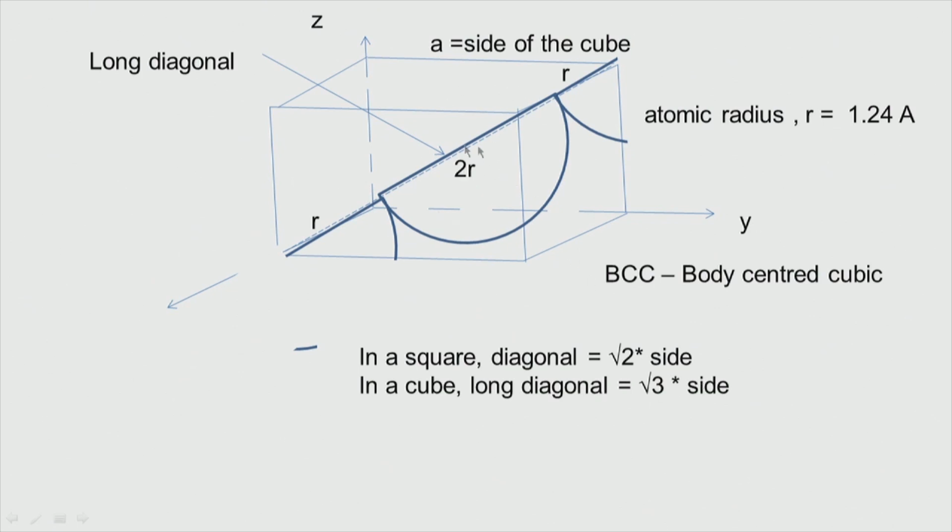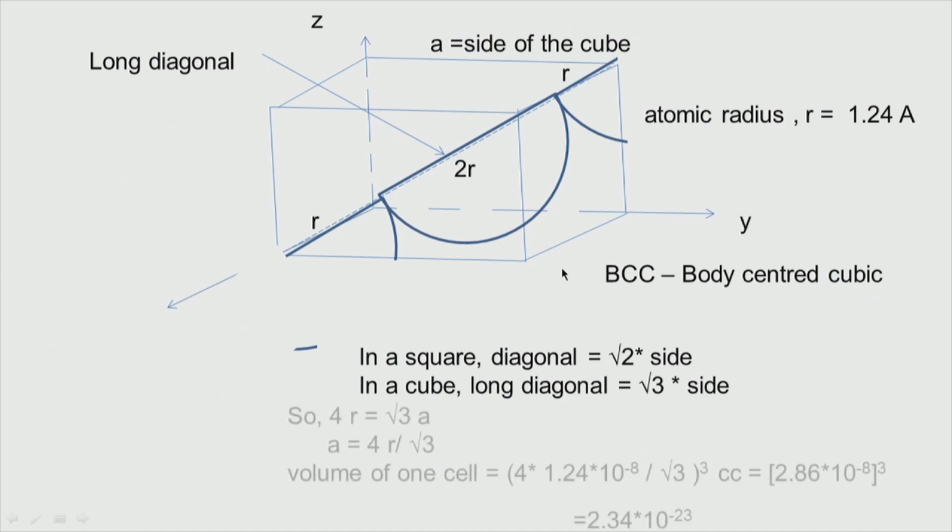So, there is a relation we can develop between r and a. Okay. So, 4r is equal to r plus 2r plus r, that is 4r is equal to square root of 3 a. So, a is equal to 4r divided by square root of 3.